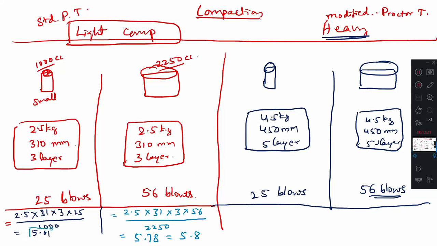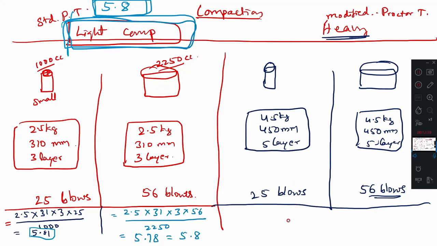Then this is also 5.8. We have not done any wrong by choosing these specifications, because light compaction means 5.8 energy.